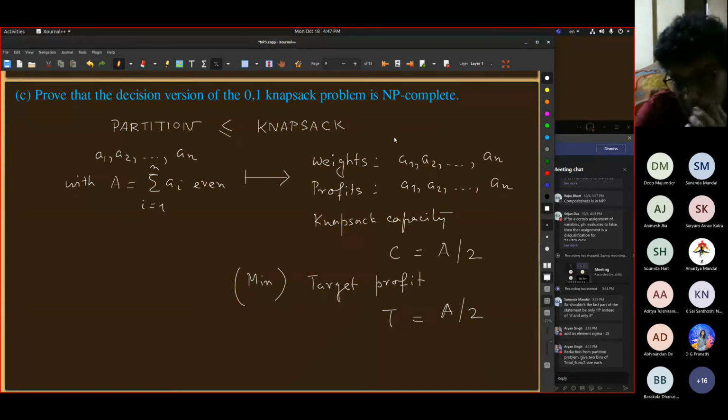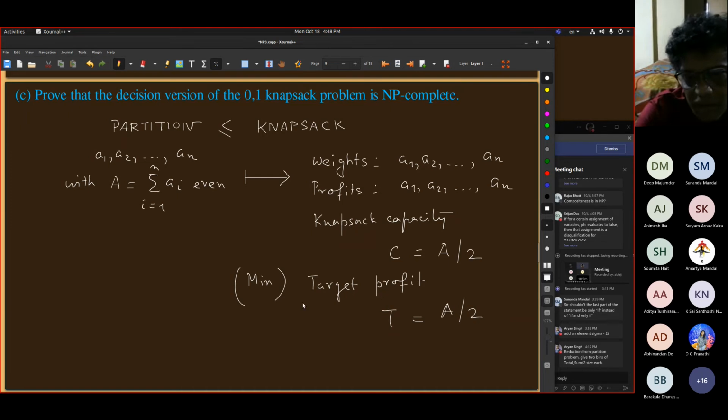But I have to prove the other implication also. So suppose that this instance of the knapsack problem has a solution, which is nothing but pack, say, objects Ai1, Ai2, Ai3 up to, say, Aik. The capacity constraint says that the summation of Aij, j equal to 1 to k, should be less than or equal to C, which is A by 2.